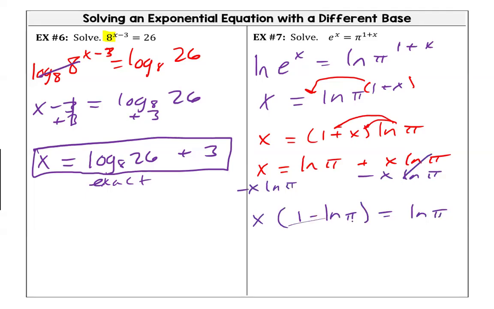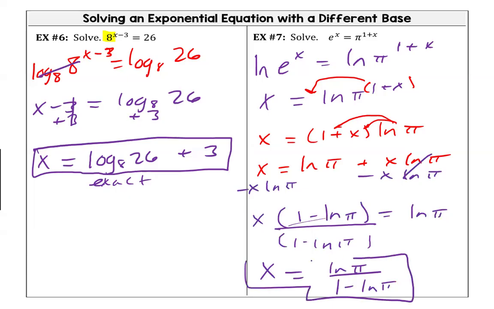And now you can isolate your x by dividing by this entire thing. So x is exactly natural log of pi divided by 1 minus natural log of pi. And that is your exact answer. It again is a world of manipulation.